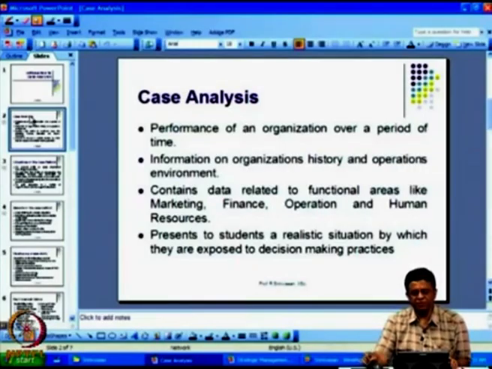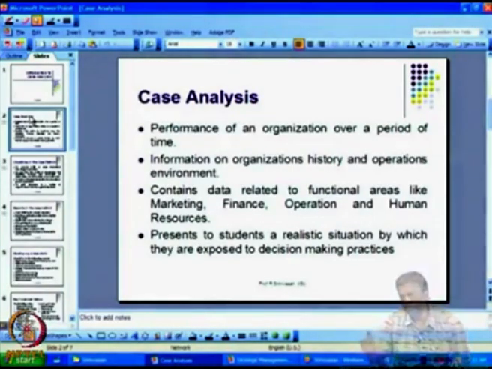You require information on the organization's history and the operations environment of the firm. So, it is not that you just go into case analysis, you find out how this company has been formulated, what are the values for which the company stands, what is the operating environment of the firm, and how has the firm performed.